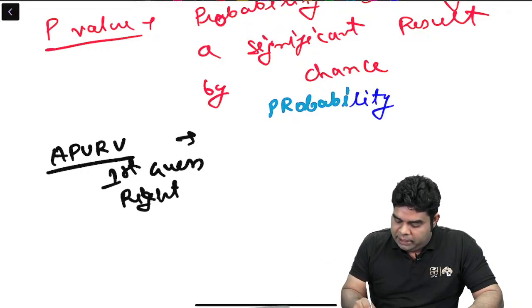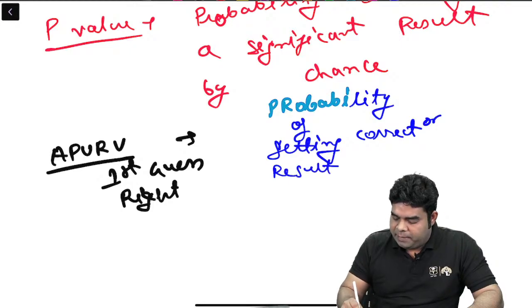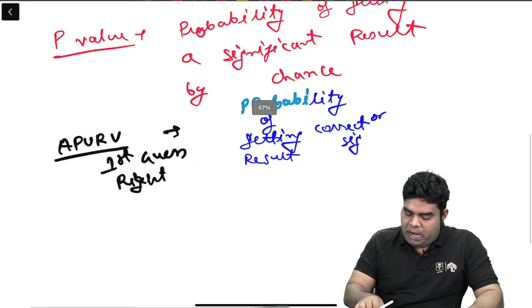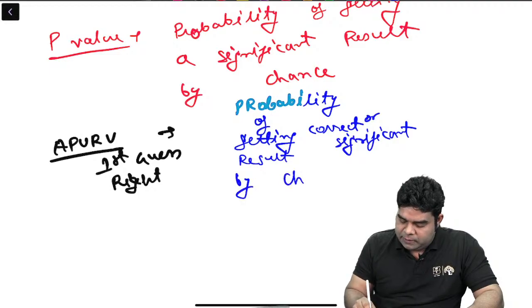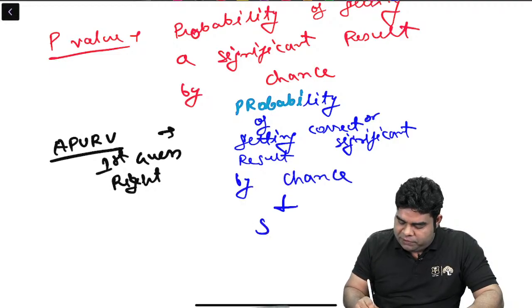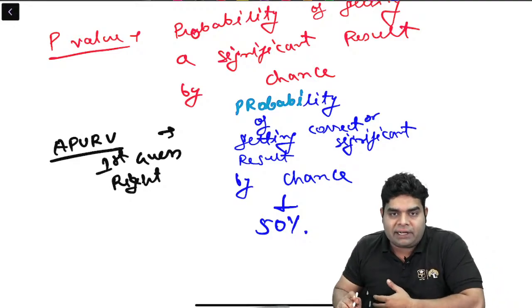Probability of getting a correct result, where correct means the same as significant, by chance is 50%, because only his first guess is correct.